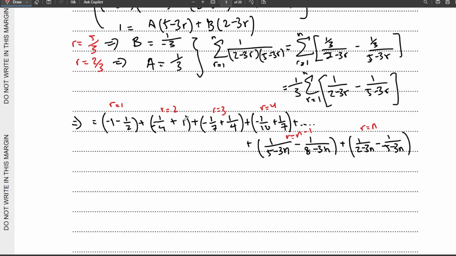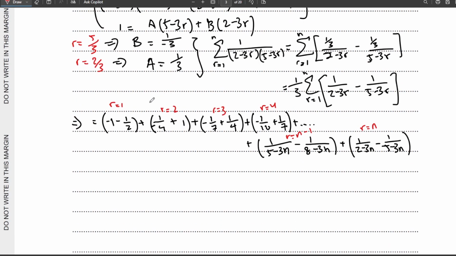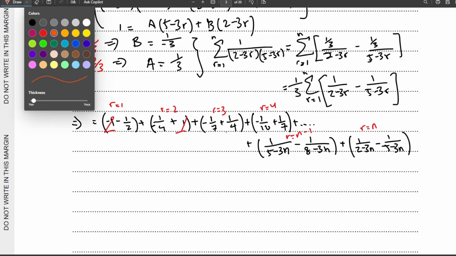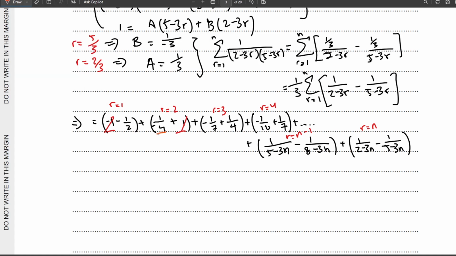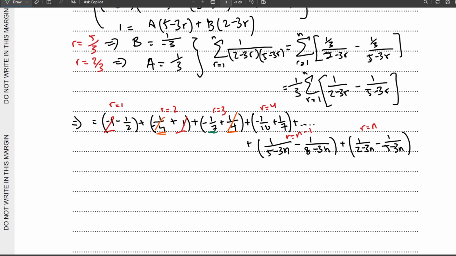So you try and notice some pattern here. This is the method of differences, so there will be some pattern showing up where something will definitely cancel. You can see a 1, negative 1, those two cancel, right? And you also can see 1/4, negative 1/4, they cancel. And this continues, right? So the first one and then the last one, it will cancel out.